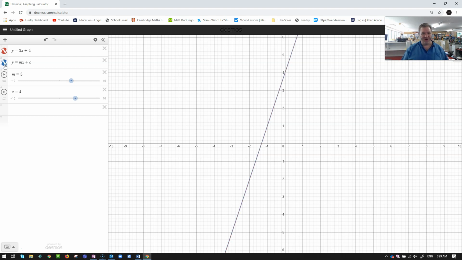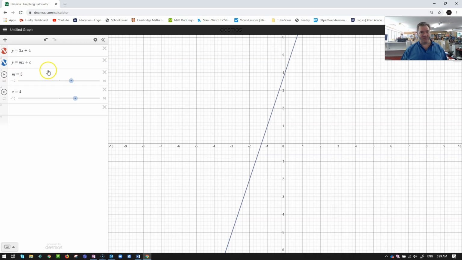That's called concurrent. Those lines are concurrent. That means they're the same line. Now, it's fairly obvious in this case because I've written them both as y equals 3x plus 4. But had the equation been 4y minus 12x equals 16, possibly you wouldn't recognize that they were the same equation.